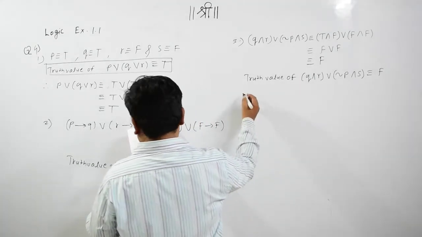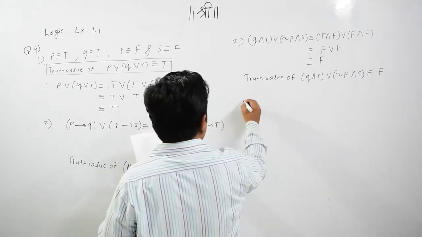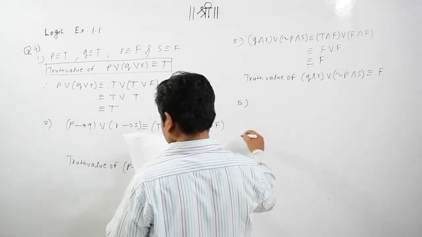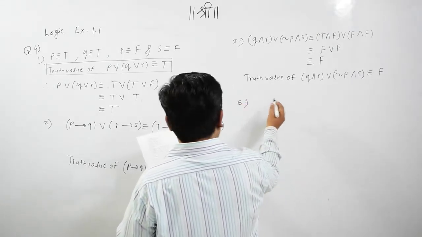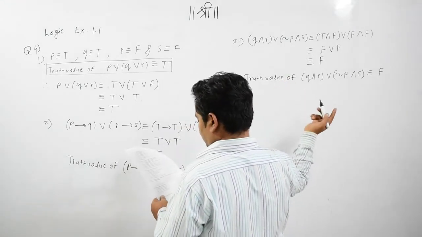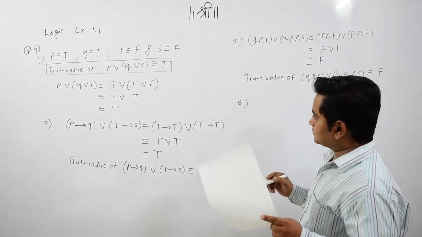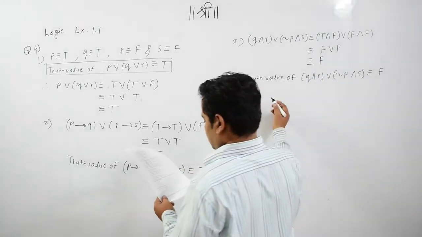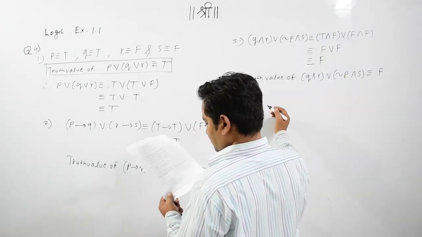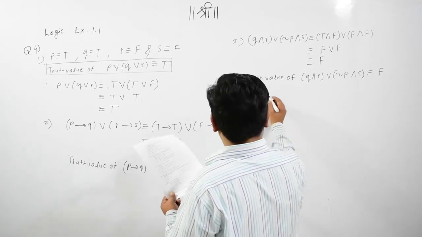Now question number 5 says something like this. Question number 5. What is that? Okay, so I am not solving question number 4. 4 is simple. Okay, so 4 done. 5.